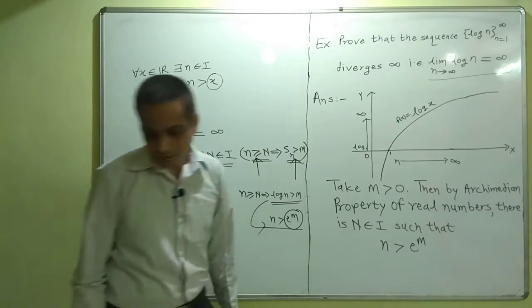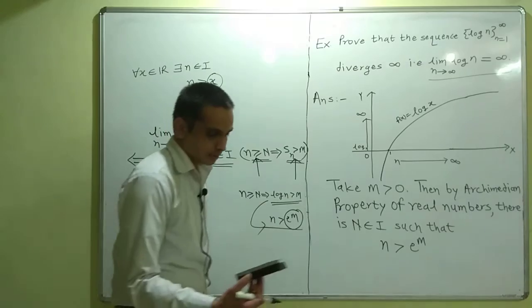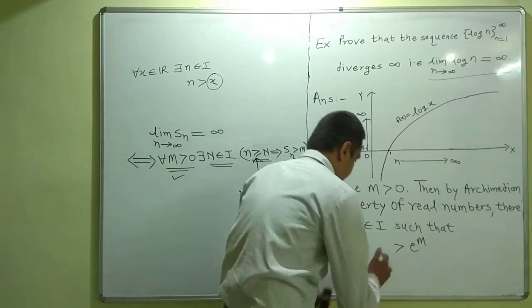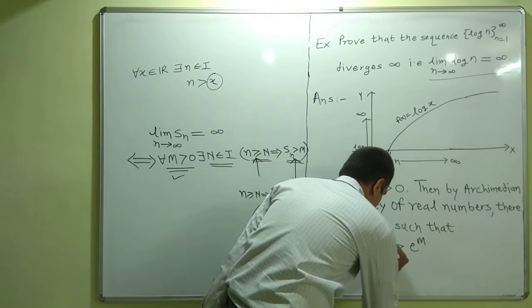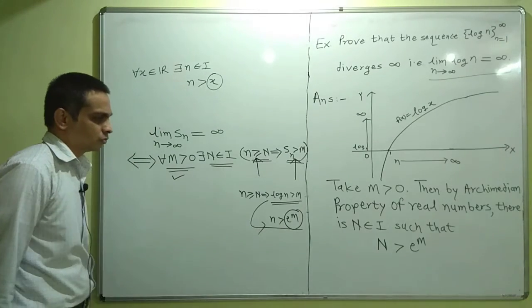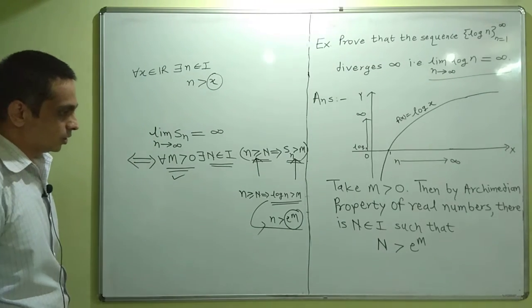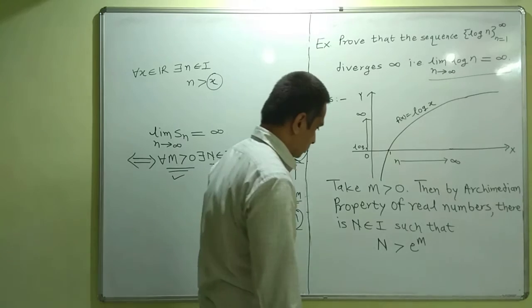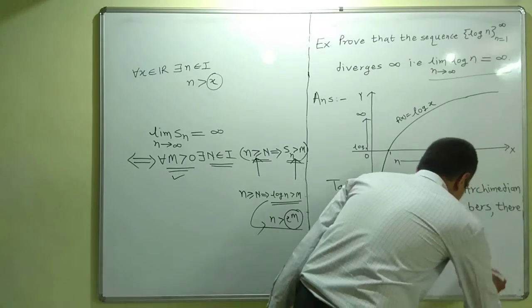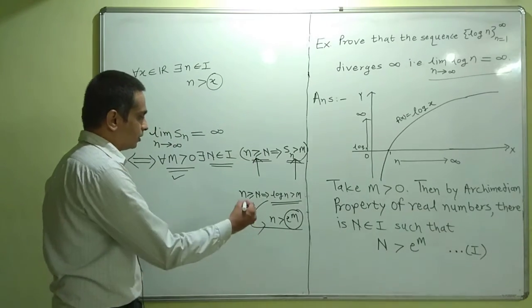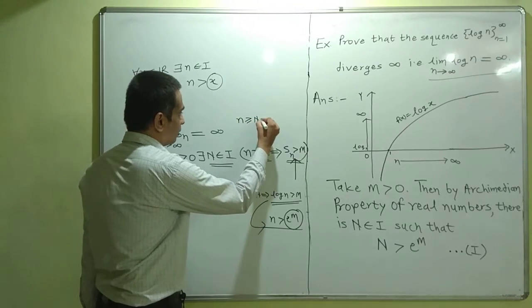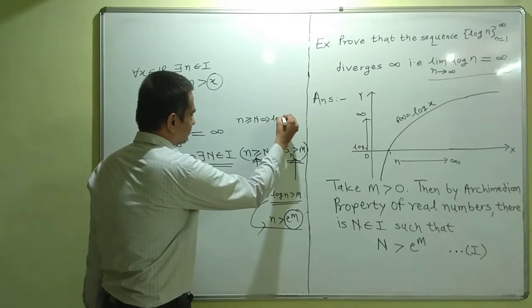Okay, so say this is first statement. Now we want to prove n greater equal to N implies log n is greater than m.